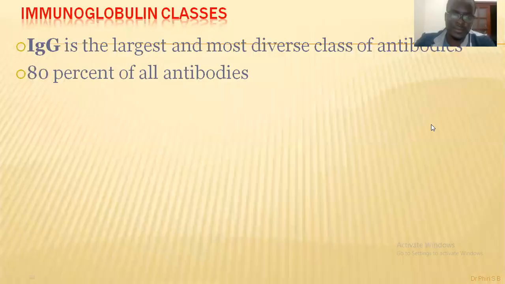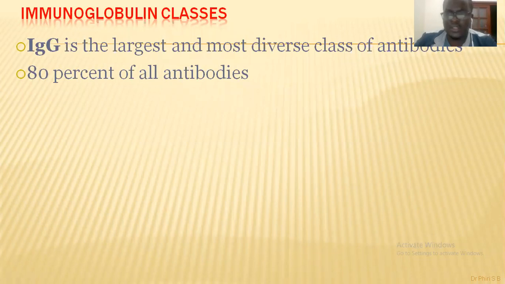Okay. So a bit of information on the actual immunoglobulin classes. Like we said, there are 5 major classes, starting with the IgG. The IgG is the largest and the most diverse class of antibodies, 80% of all antibodies. So 80% of the antibodies that are being produced are IgG. But remember, the first antibodies to be produced are IgM.